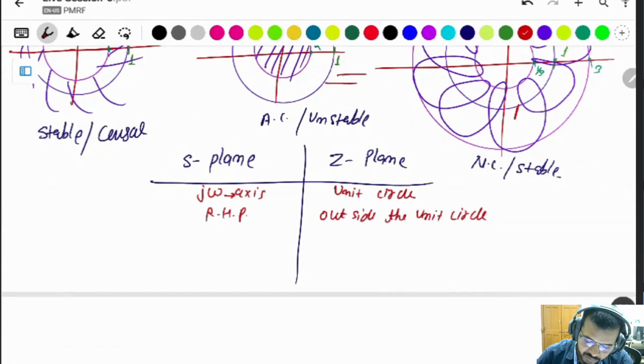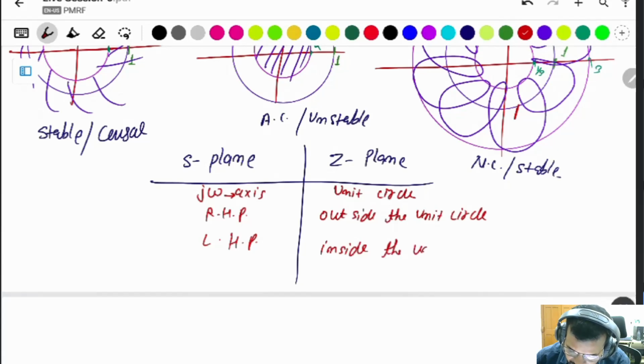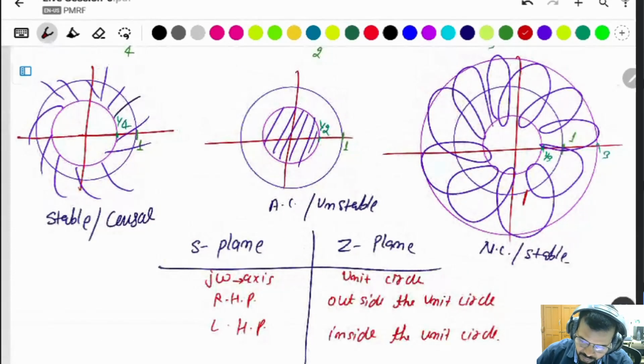Left half s plane will be inside the unit circle in the z plane. Inside the unit circle means this is the left half s plane.